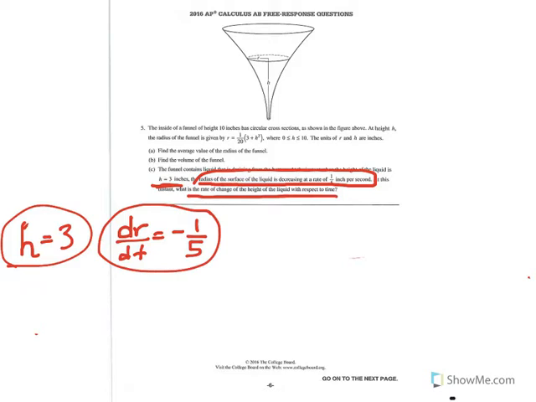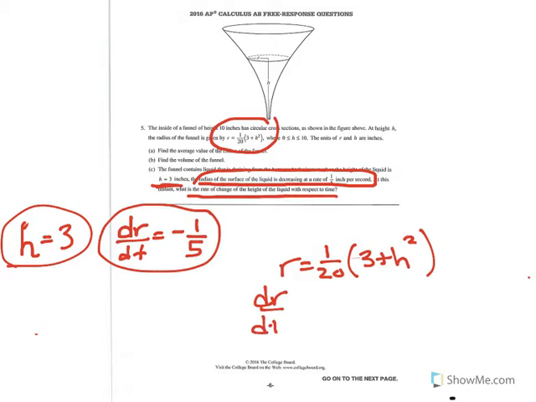I need an equation that relates the quantities, which is right here. r equals 1/20th times 3 plus h squared, which means to find how the rates are related, I'm just going to take the derivative of this statement. So this becomes dr/dt equals 1/20th, the derivative of 3 is gone, the derivative of h squared is 2h dh/dt.